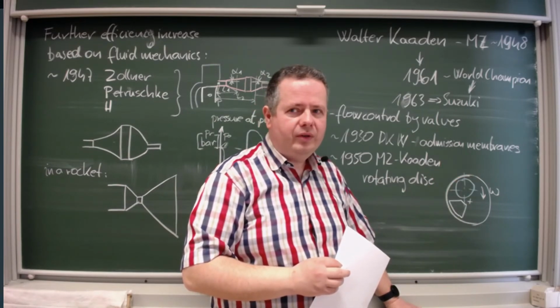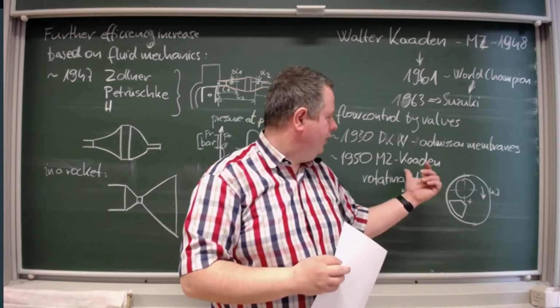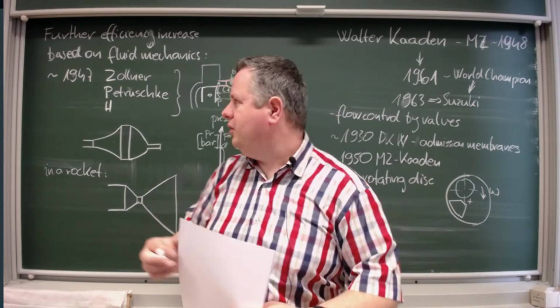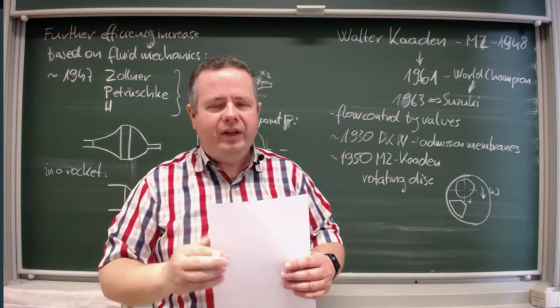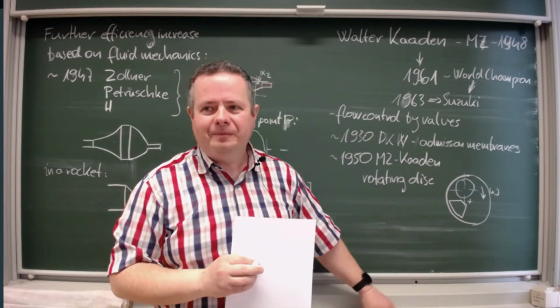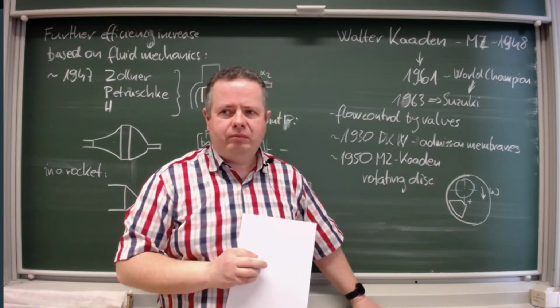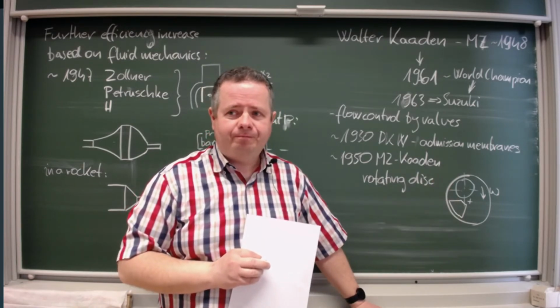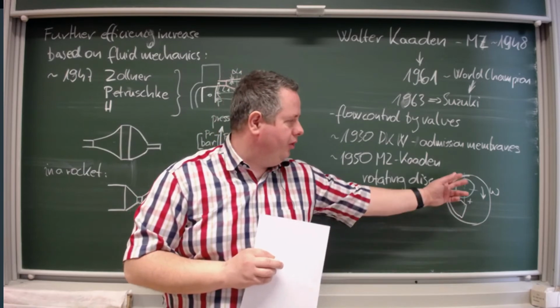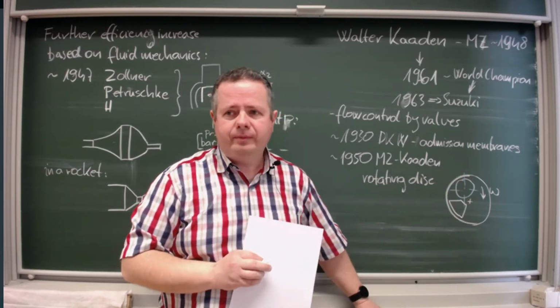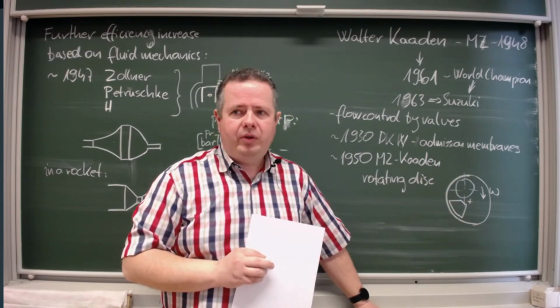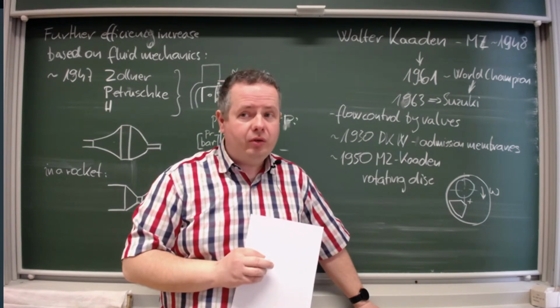So what was the idea of Kaden? It was not only using this resonance exhaust, but also coupling it with an admission control by a rotating disc. You could use it with normal, let's say, spring steel. It was lubricated by the oil in the mixture. And you had a sharp and precise admission control.